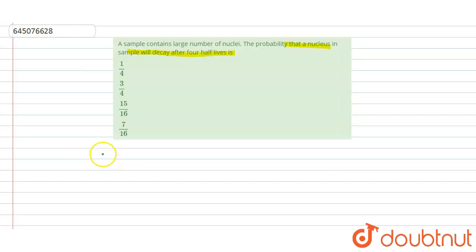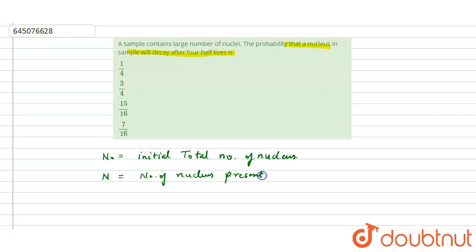Now let us consider that the total number of nucleus which are present initially to be n0. So this is initial total number of nucleus, and n is equal to the number of nucleus present at t equal to t.